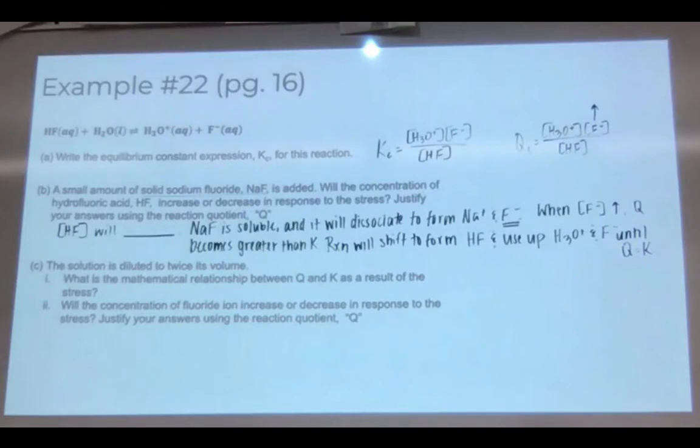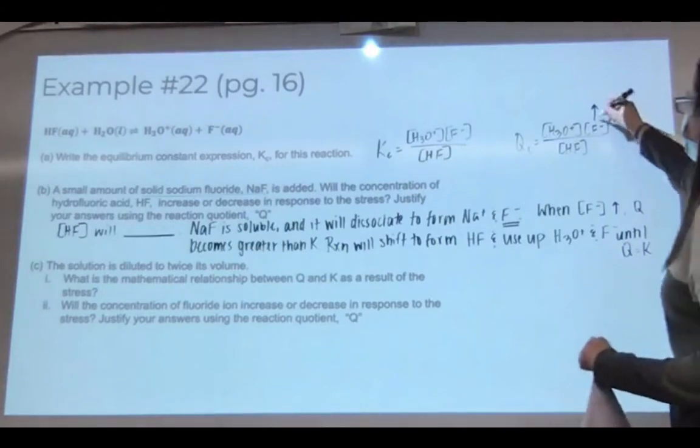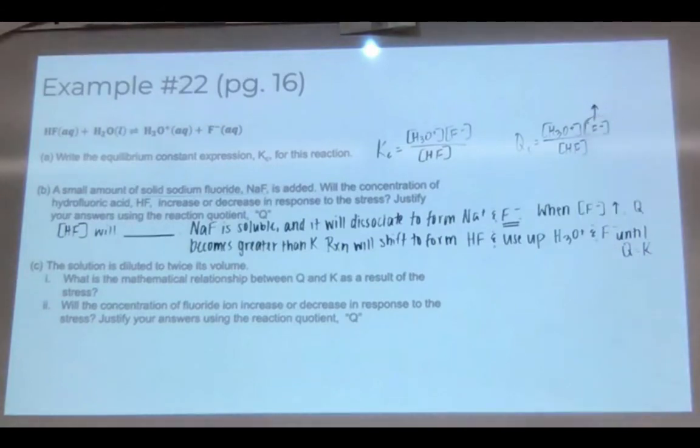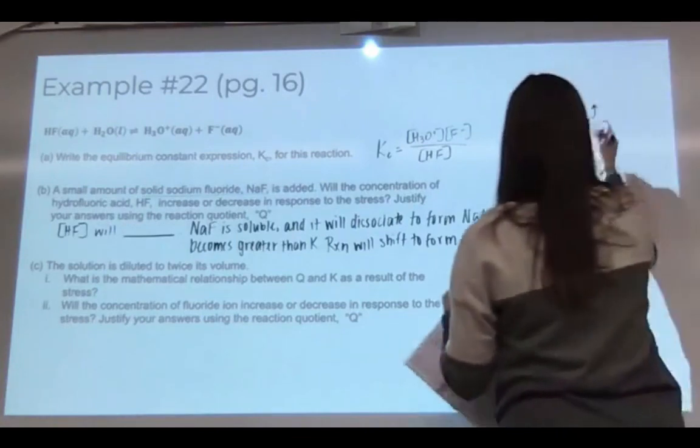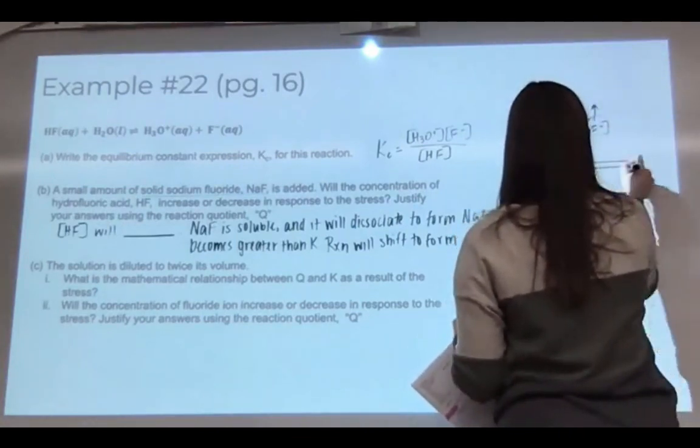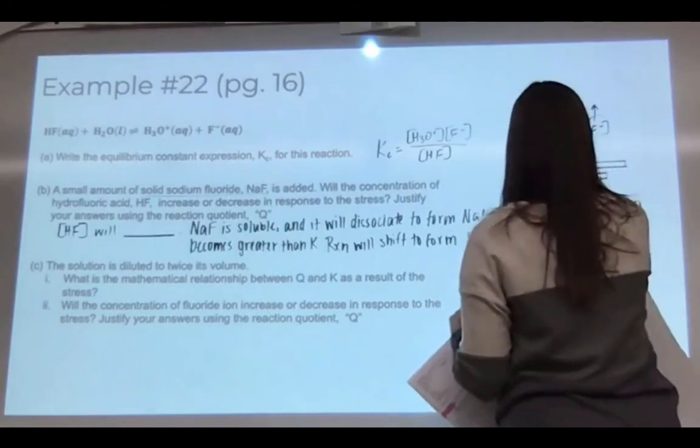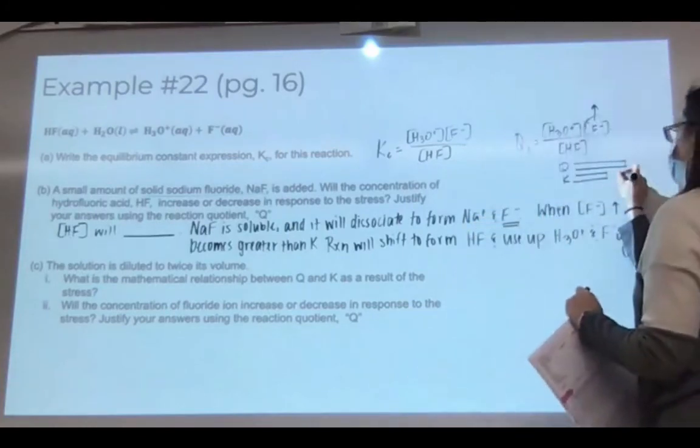So because we're adding NaF, we're actually adding F minus. When we add F minus to the system that's already at equilibrium, Q is now greater than K. You've added more into the numerator. Q is now too big.